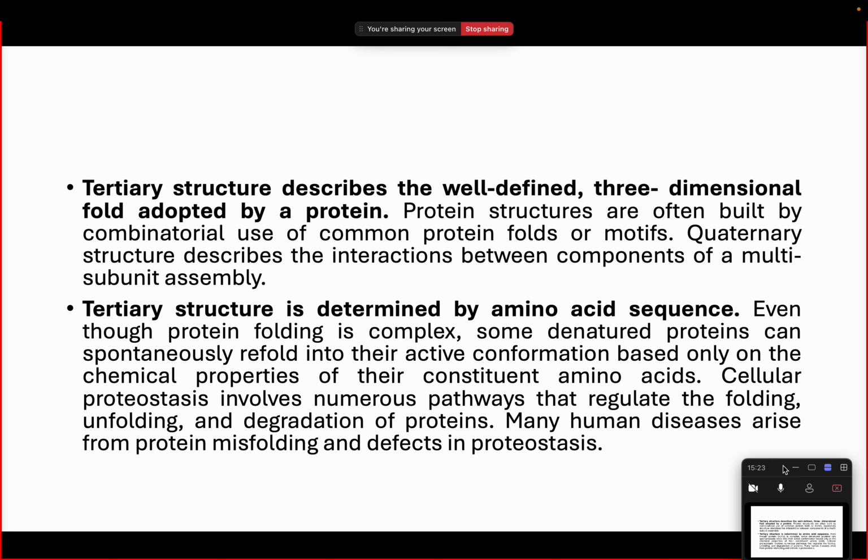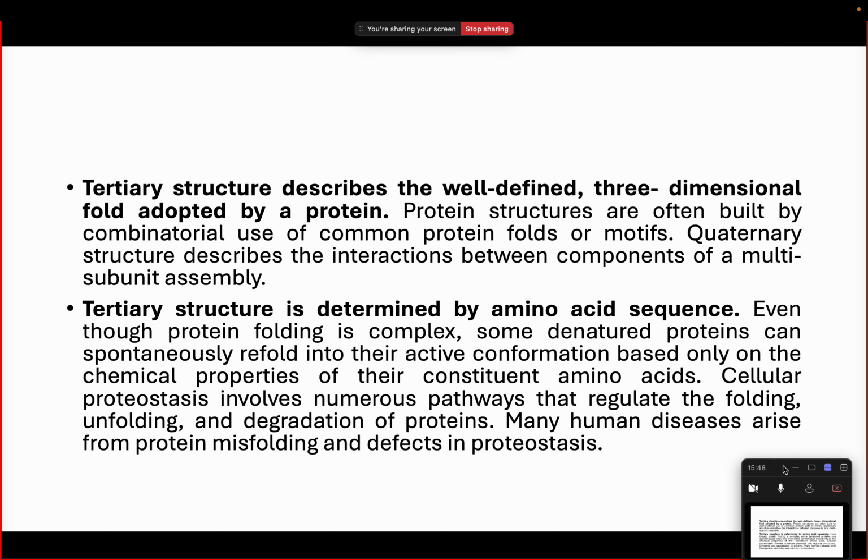Even though protein folding is complex, some denatured proteins can spontaneously refold into their active conformation based only on the chemical properties of their constituent amino acids. Cellular proteostasis involves numerous pathways that regulate the folding, unfolding, and degradation of proteins. Many human diseases arise from protein misfolding and defects in proteostasis.